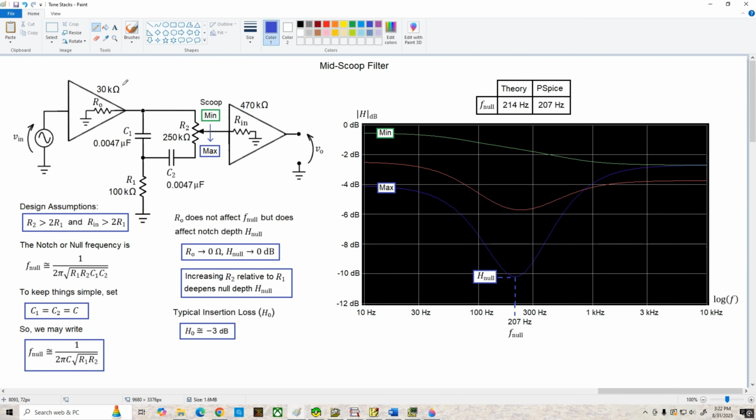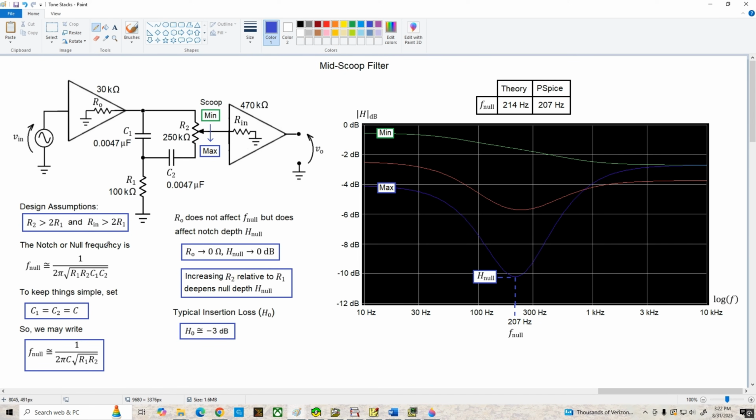I'm using a 30k ohm output resistance on my driving amplifier. The input resistance of the amp we're driving is 470k, and we're going to make a few assumptions to make the analysis here work nicely. We'll assume that R2, the potentiometer, and the input resistance of the amplifier are both at least twice the value of R1.